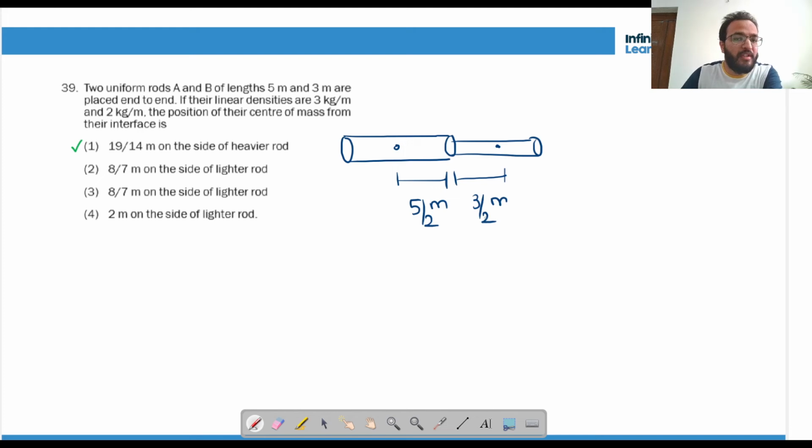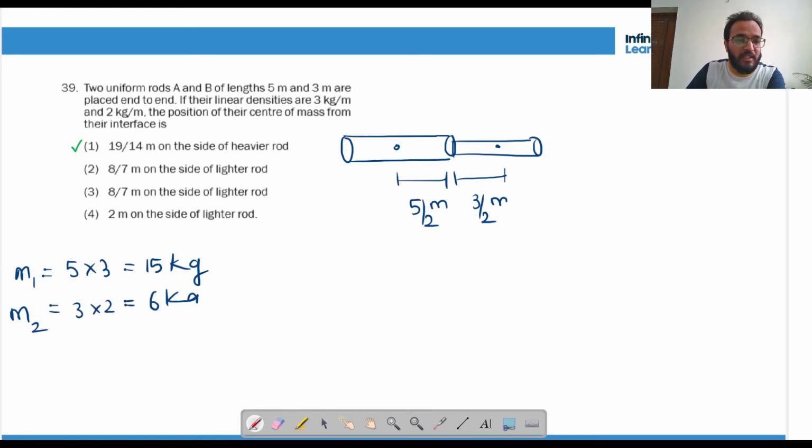The position of the center of mass from their interface: first of all let's find out the mass. m1 will be 5 into 3, that is 15 kg, and m2 will be 3 into 2, that is 6 kg. Okay, so you know the values of m1 and m2, right? Now what is the overall length? Length will be 5 by 2 plus 3 by 2, that is 4 meters.